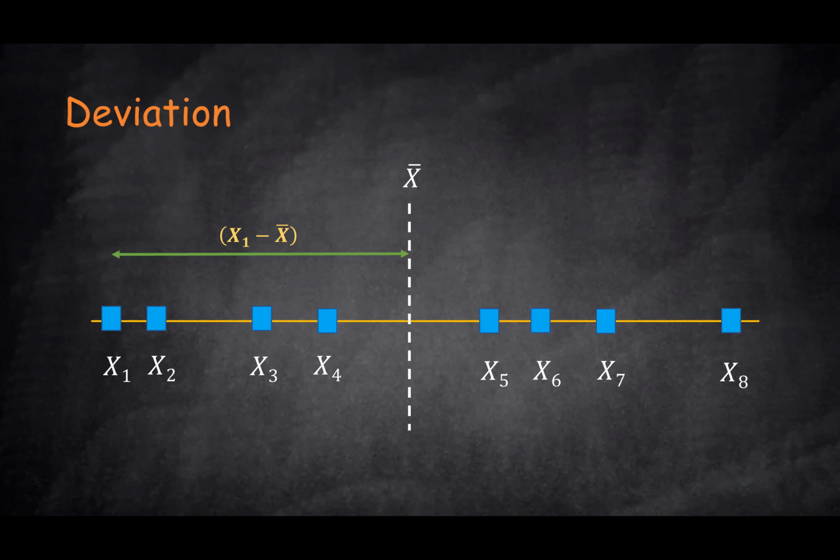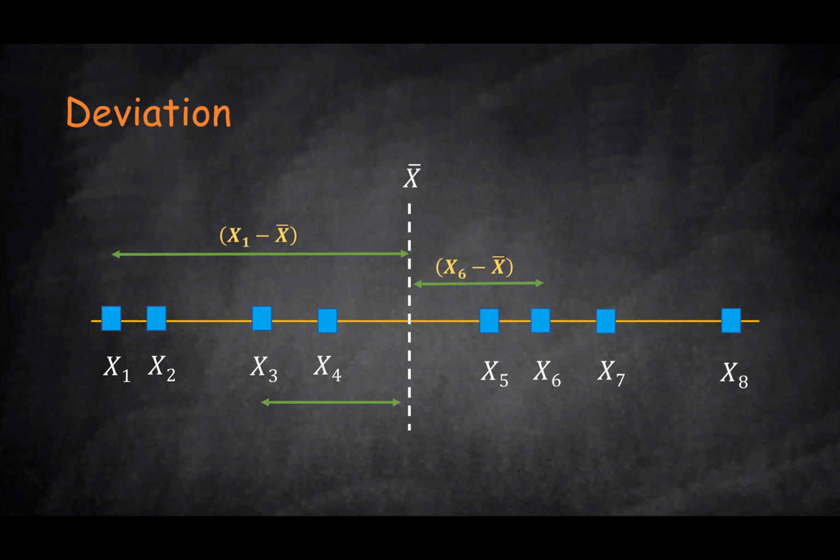In this scenario, if x1 is a smaller value than x bar, we will end up with a negative difference. Alternatively, I can also calculate the difference, for example, to reflect how far x6 is from the center. So again, I will calculate the difference between x6 and x bar. In this scenario, since x6 is a higher number than x bar, the result of the calculation will be a positive number.